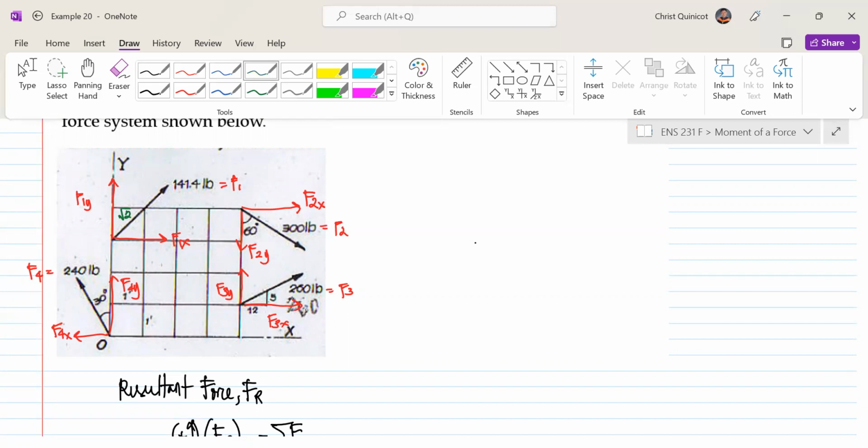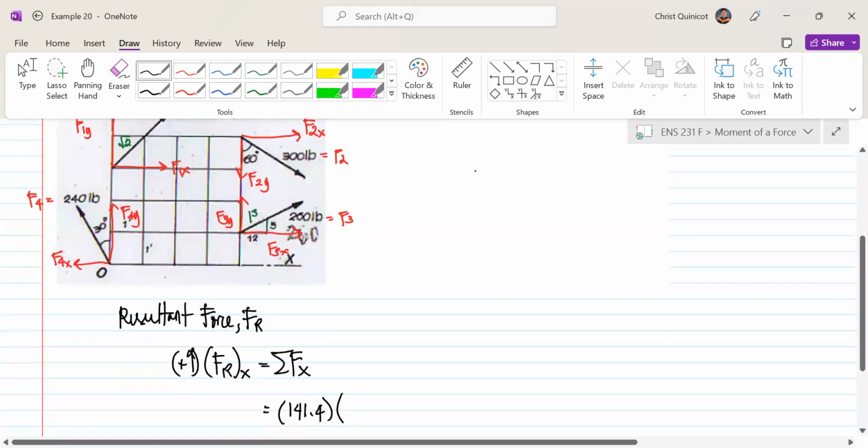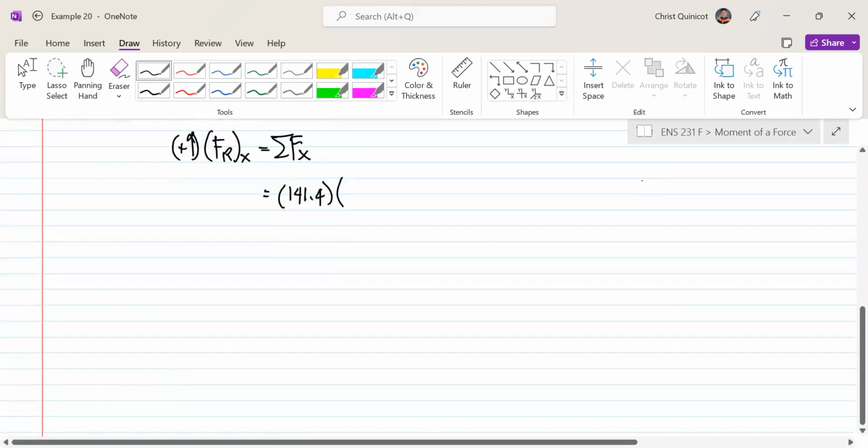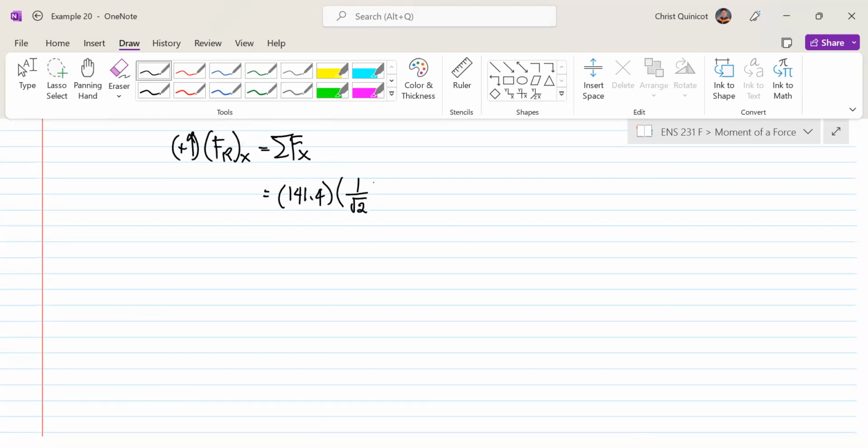So that's 5 squared plus 12 squared, that's 169. Square root of 169 is 13. So we have square root of 2 for the hypotenuse of F sub 1 and 13 for the hypotenuse of F sub 3. So knowing that, we now write 1 over the square root of 2.